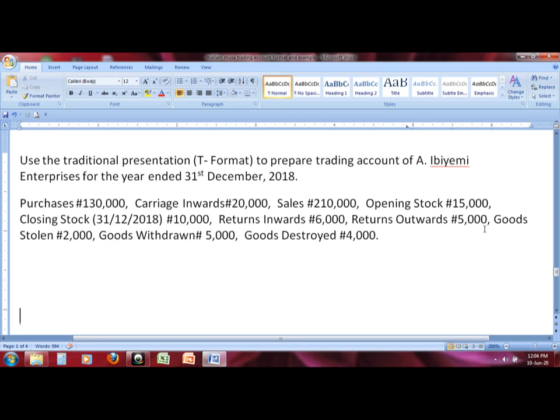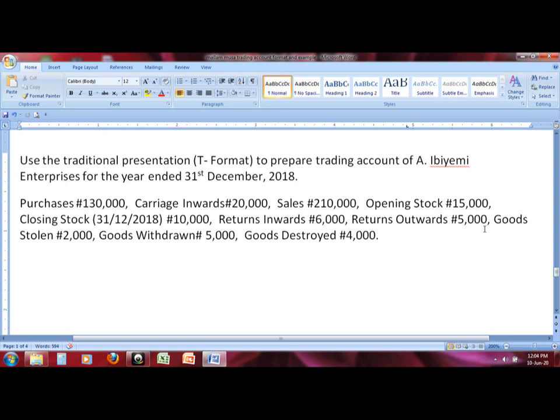Before we go on today, my dear students, once again, the format of trading account, always go through it. Always use it to guide yourself in order to know how to prepare trading account. In case you are a fresher in business, you have nothing like a stock.